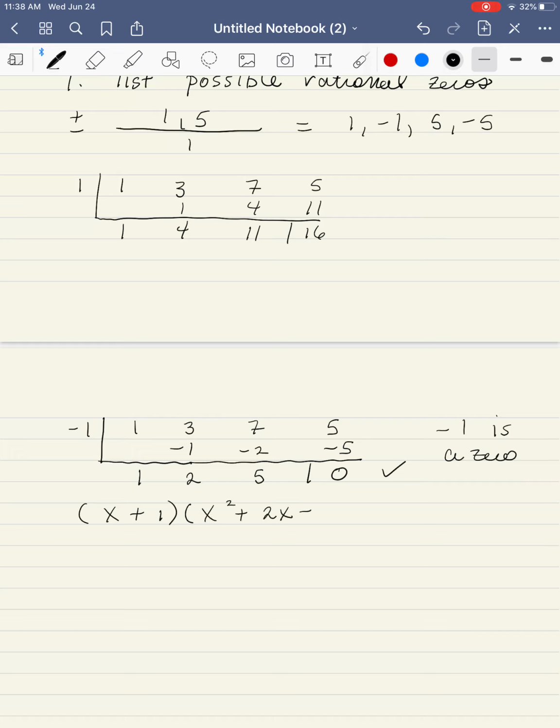And what I just did was I factored out the factor that goes with -1, which is x plus 1, and I was left with x squared plus 2x plus 5. So now I need to solve the quadratic equation, x squared plus 2x plus 5 equals 0, to get my other two zeros.